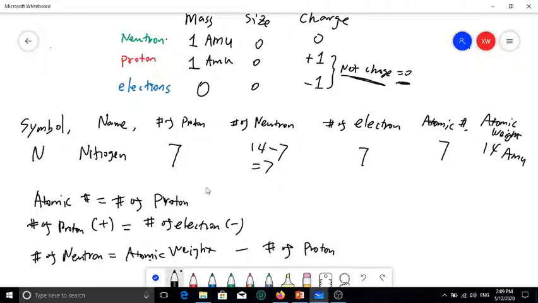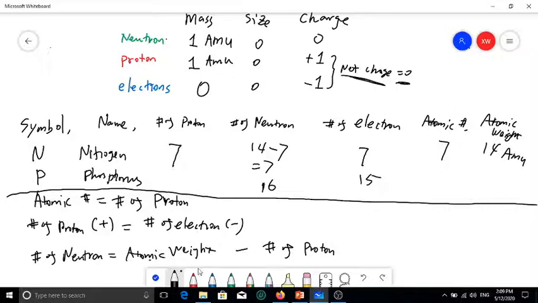Let's say we have an element called phosphorus, which has the symbol P. This element has 15 electrons and 16 neutrons.